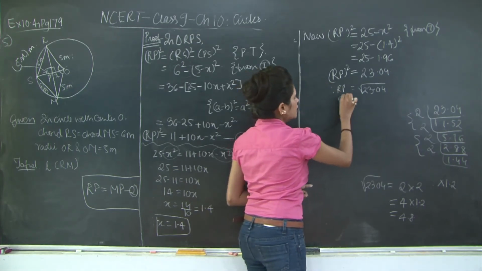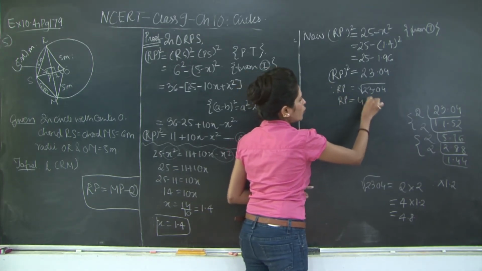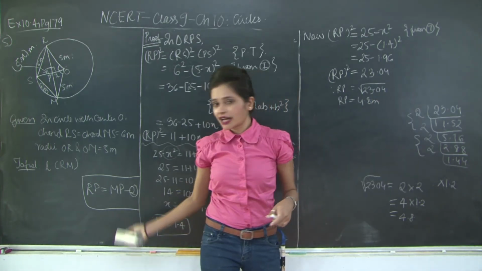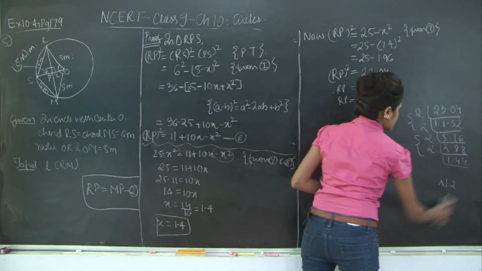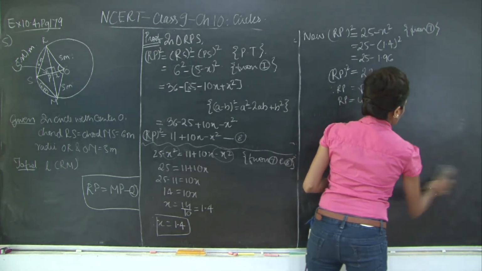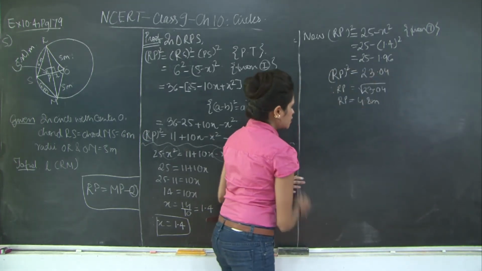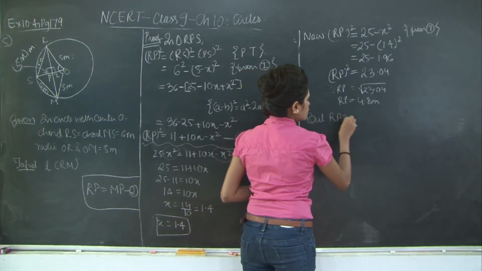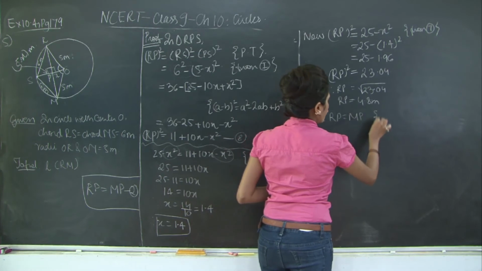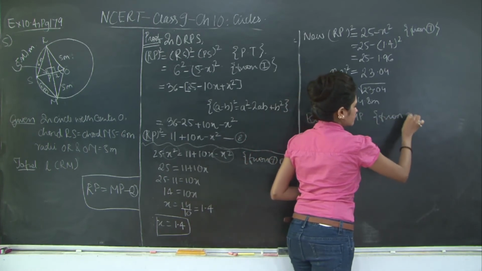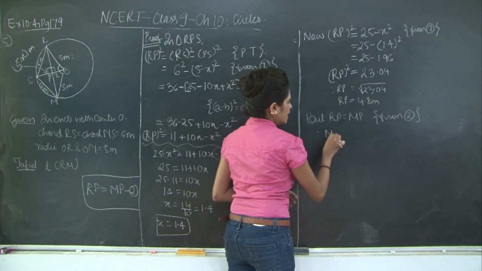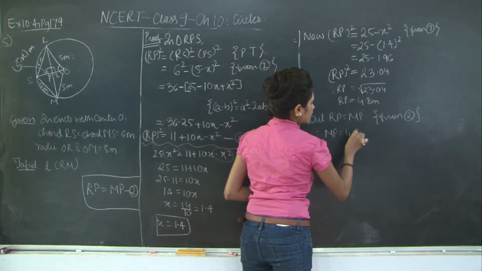Therefore, Rp is going to be equal to 4.8 meters. Now, see over here we have Rp is equal to Mp, which is equal to 4.8 meters, but Rp is equal to Mp from 2. Agreed? Therefore, Mp is also equal to 4.8 meters.